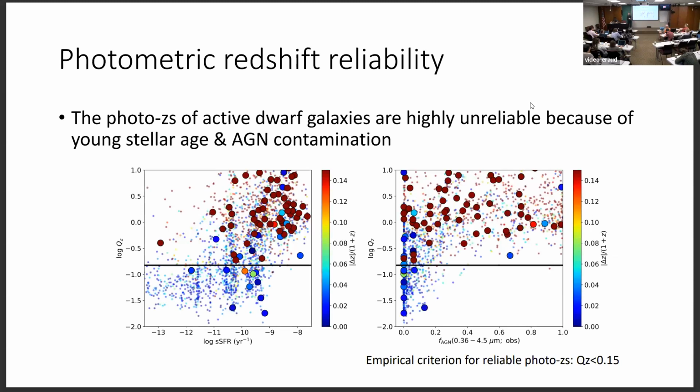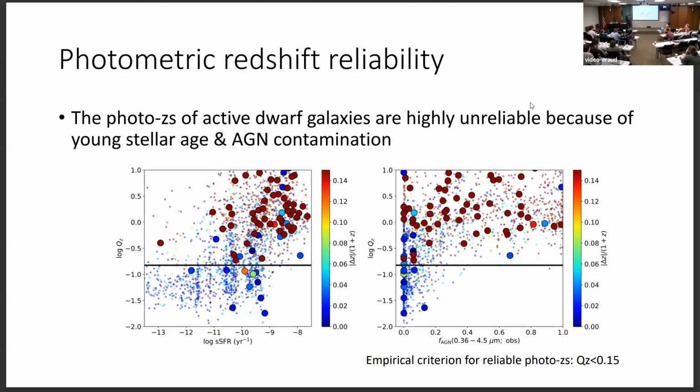I think the biggest one is the photometric redshifts. We found that the photometric redshifts of dwarf AGNs are highly unreliable because of the young stellar age and the AGN contamination.